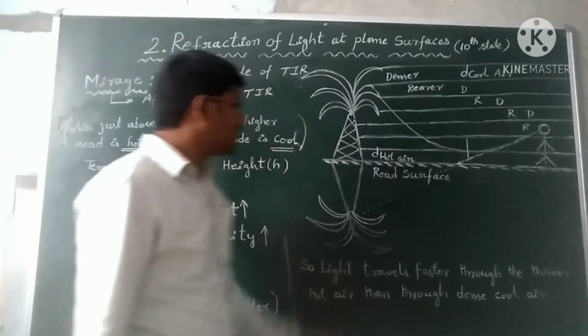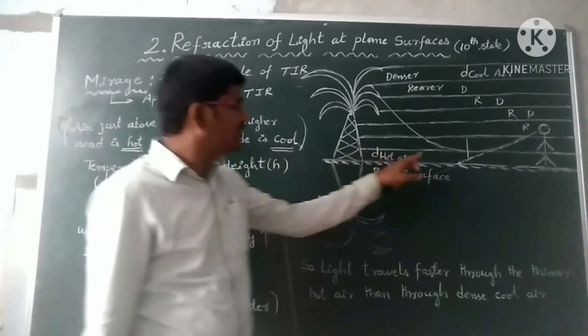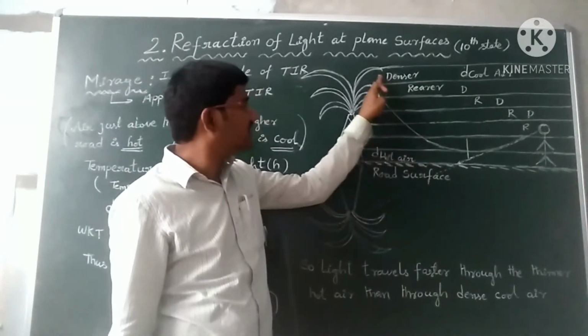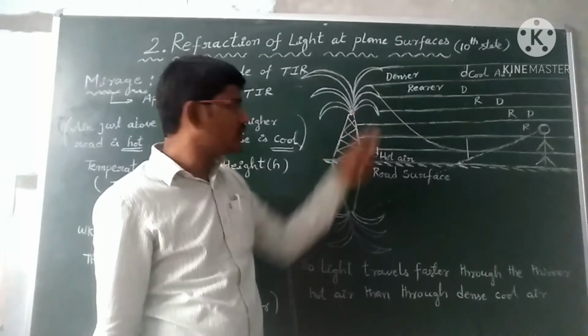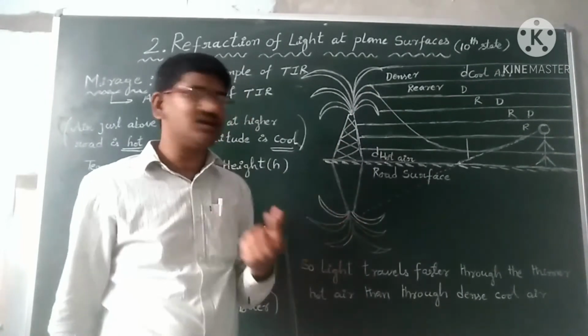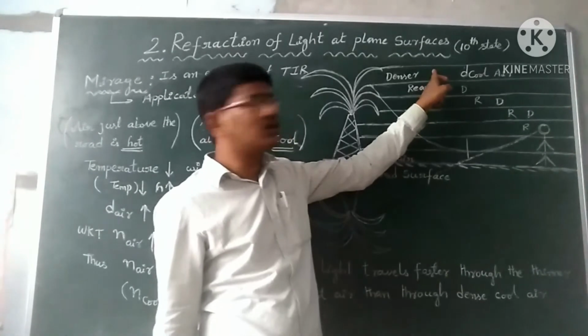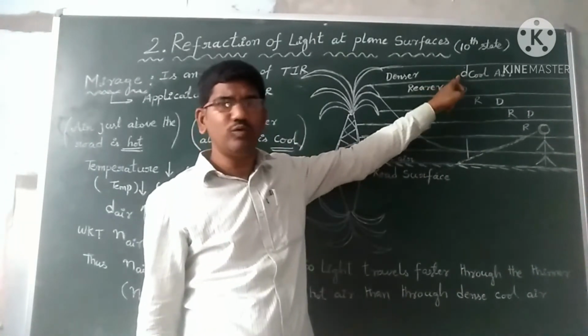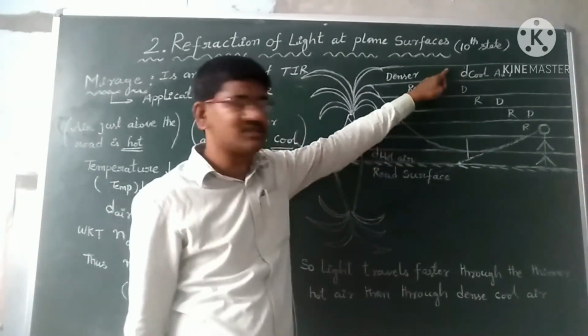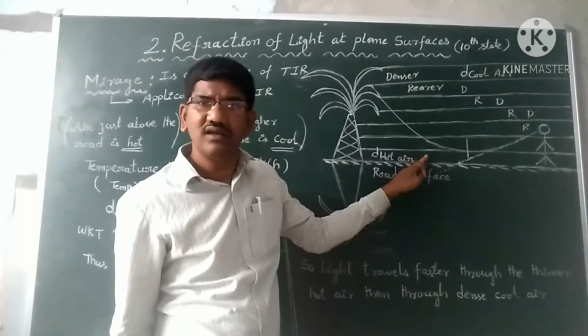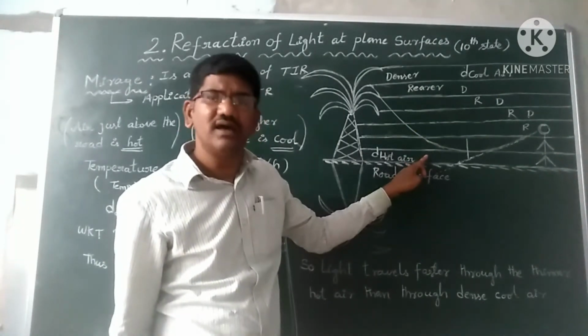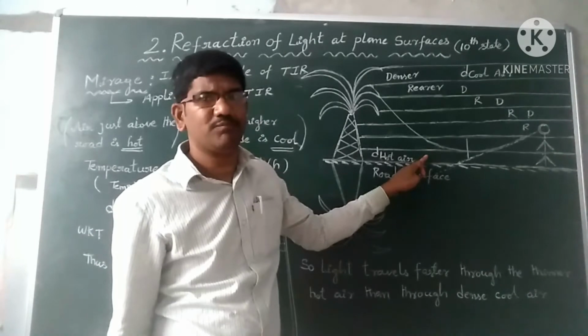Now that's why light travels, here the refractive index is less and here the refractive index is more. So light travels faster through this thinner hot air than through this thick cool air, because cool air has more refractive index and hot air has less refractive index.